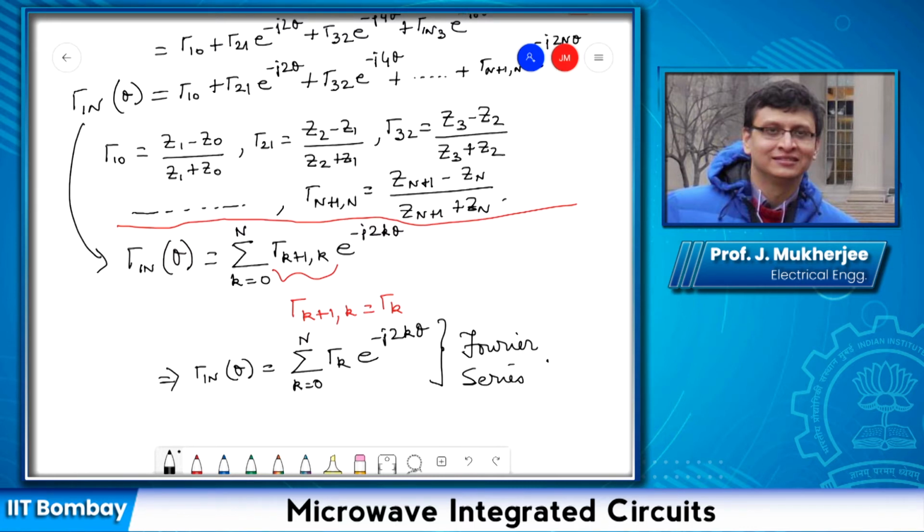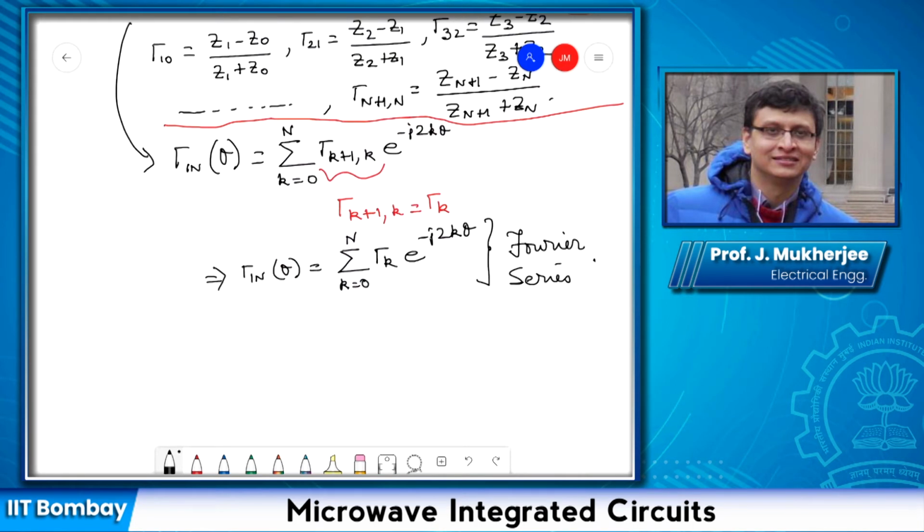Now suppose theta equal to pi by 2, then it implies each T line section is a quarter wave transformer.